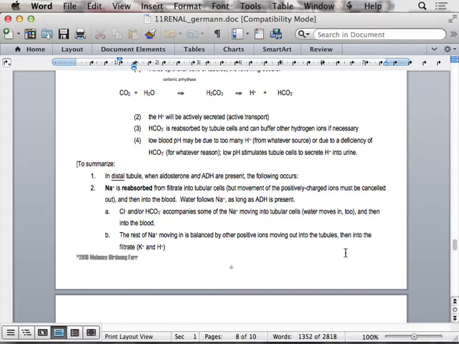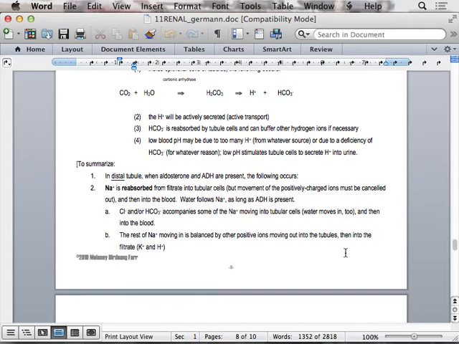In the PCT, I will reabsorb what things? Glucose, how much? 100% if I can. Limited by the carrier capacity, right? Sodium, how much? PCT? 65% under any hormonal regulation? No, not in the PCT. You guys with me? Okay.